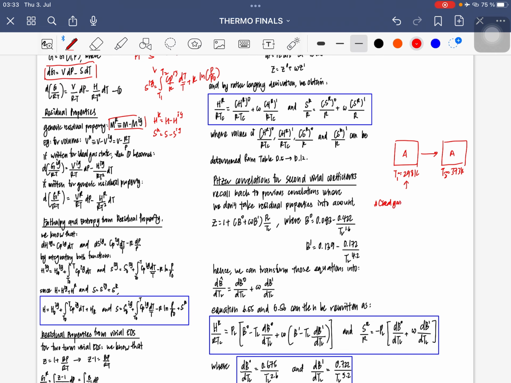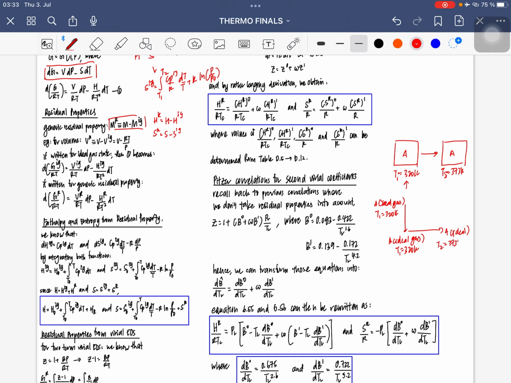So real gas, and T1 is 298K. Actually, let's just put that as 320K, and then we have A ideal of P1 320K, and then we have A ideal.